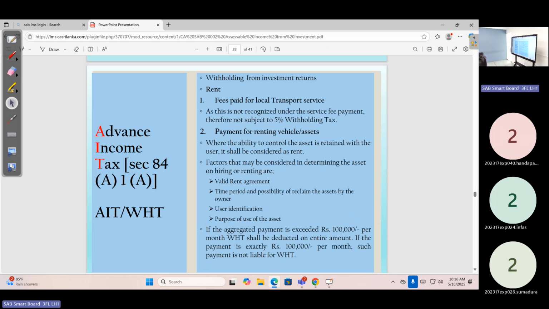So for this, we have to check the factors that may be considered in determining whether assets are on hire or renting. A valid rent agreement with the terms we have prepared. Whether control of the asset is with the user or not. Time period and possibility of reclaiming the asset by the owner.